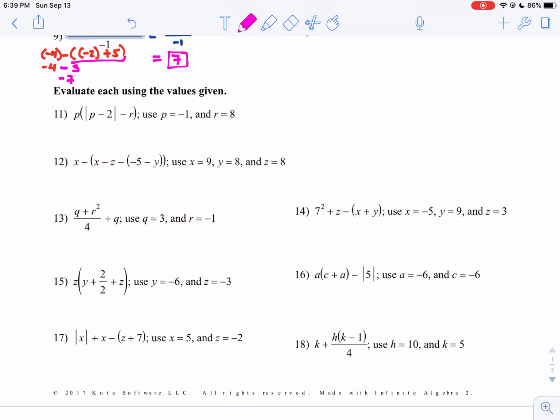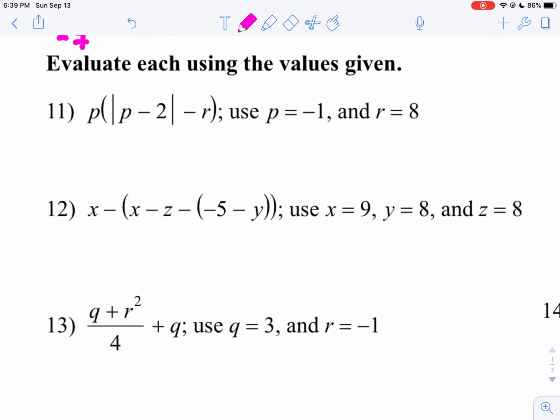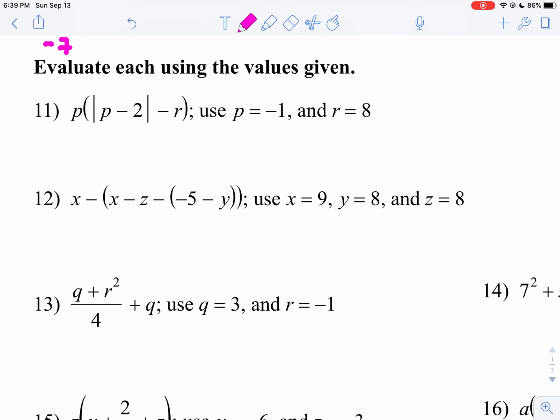Let's look at number 11. I'm sorry I did not give you enough space here. If you need to recopy this and do it somewhere else, that is fine with me. Basically what we are going to do here is substitution. Wherever you see a P, you are going to put a -1 down. There's another P here, and then you are going to replace R with an 8.